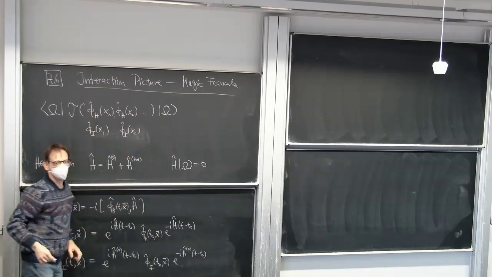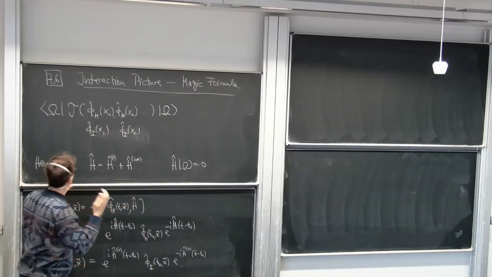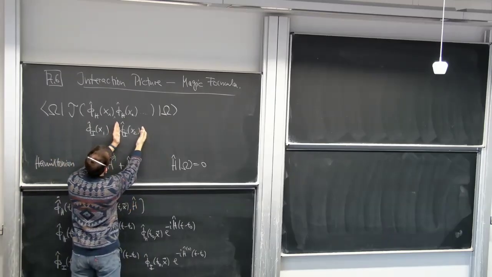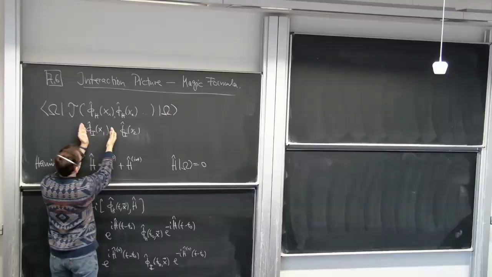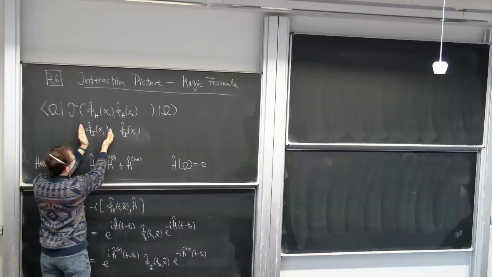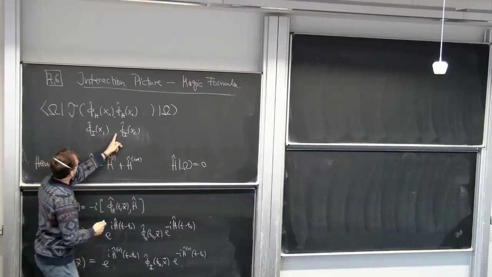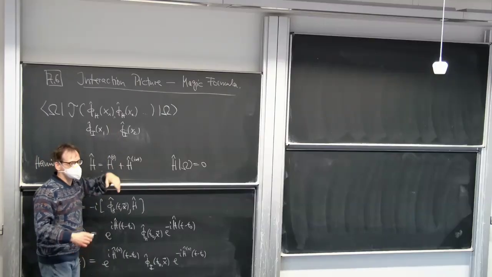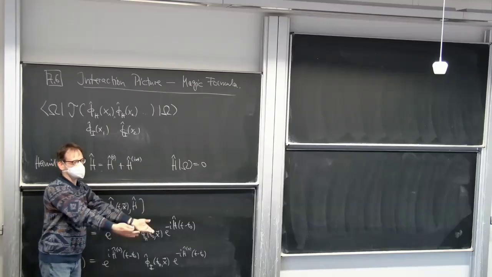I replaced naively. I'm making a mistake, right? Because when this acts, it has its form, and then this is a little later, looks different, has time evolved here, but only with the free part. So I have to put another operator in between that does basically the rest of the evolution.